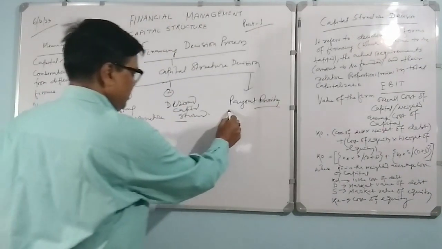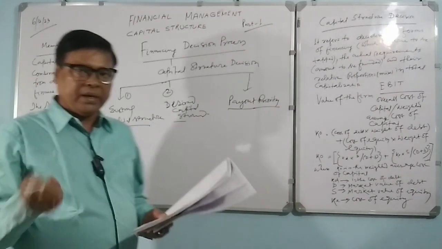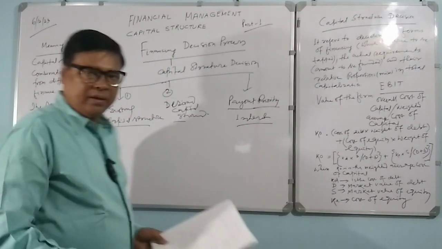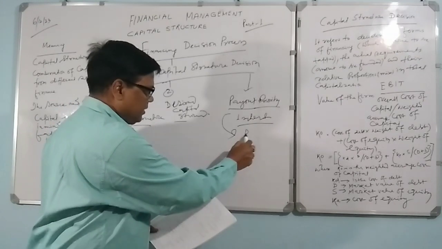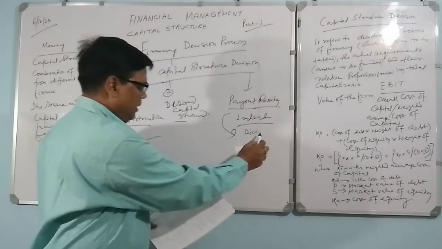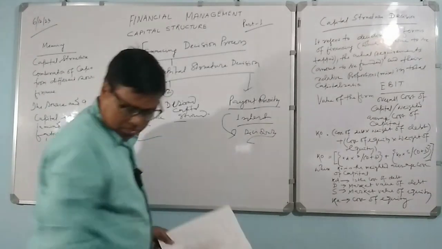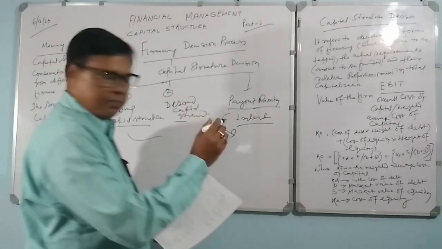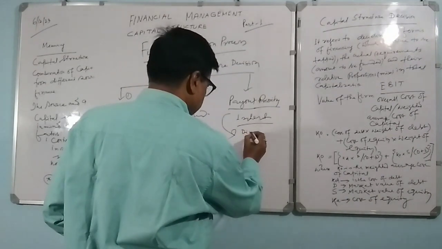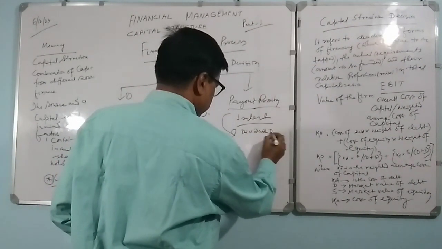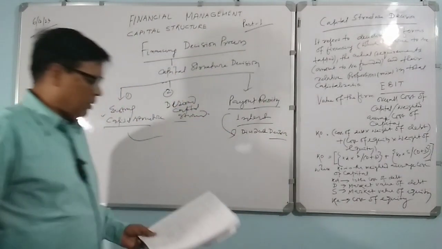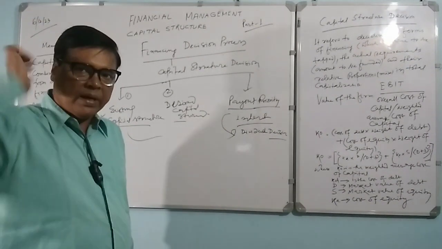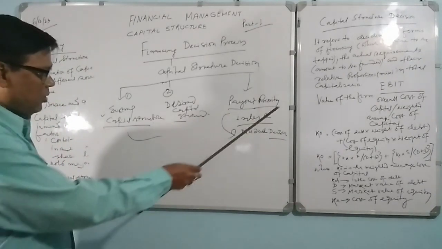Those who are your term lenders, from whom you are taking borrowed funds, you have to pay interest to them on time. After that comes the dividend decision on your own share capital. So the first priority is interest, which is the fixed portion, and after that your dividend decision. Here payout priority is very vital, because you should have sufficient cash flows according to your priority.